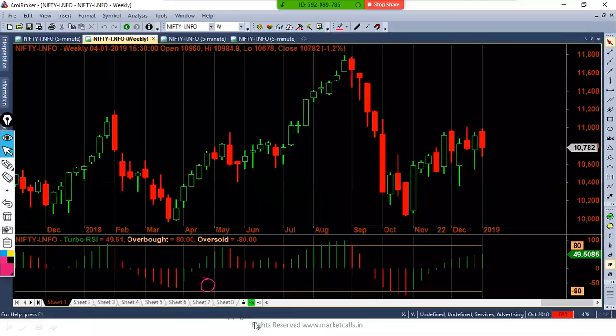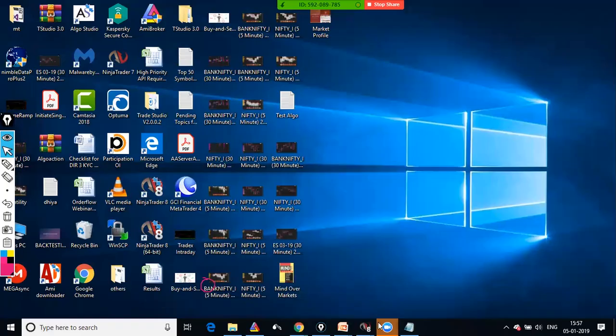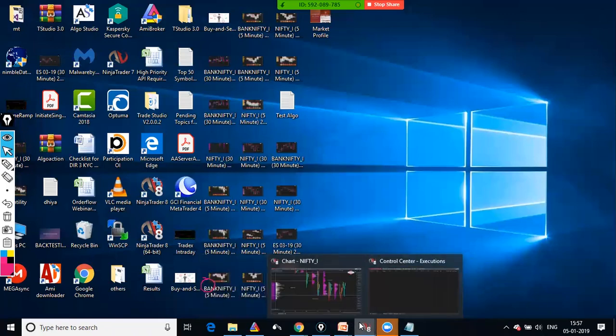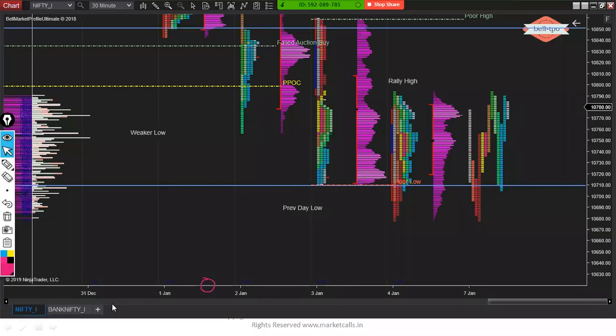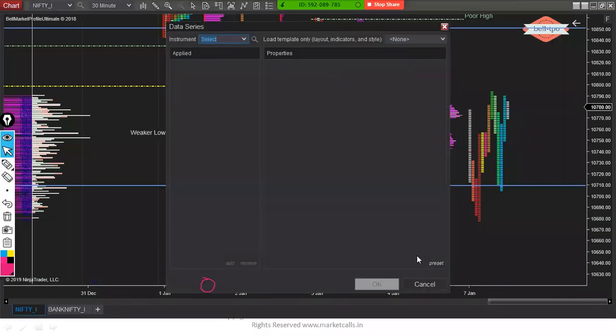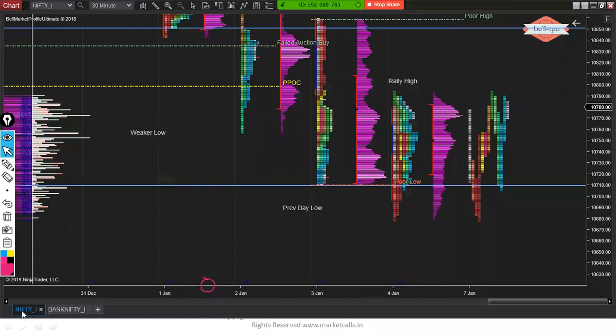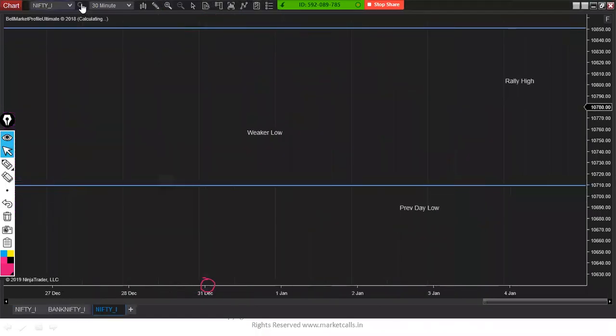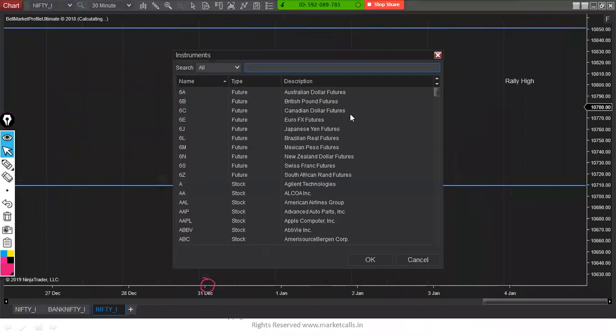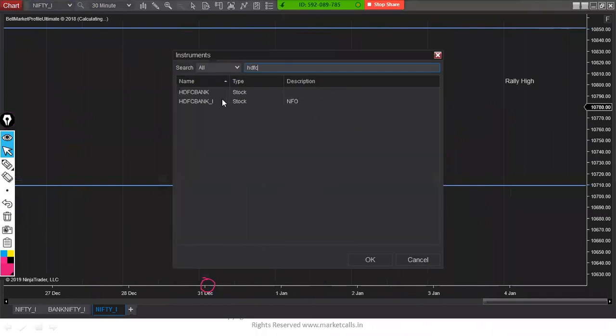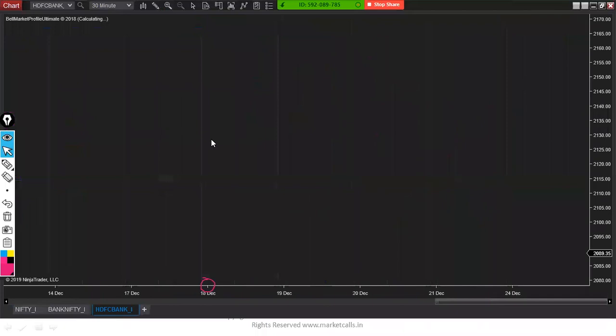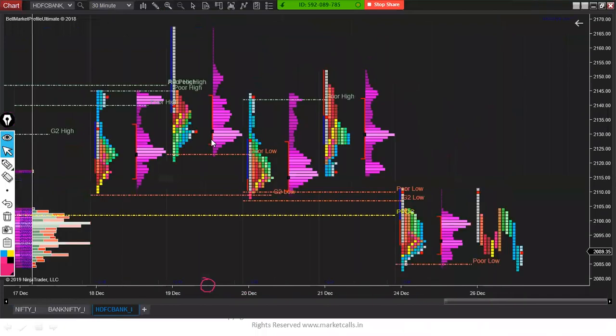Recently, it happened in HDFC Bank. Let me check if I'm able to pull out HDFC Bank or not. I think last month, November, HDFC Bank had a poor low.